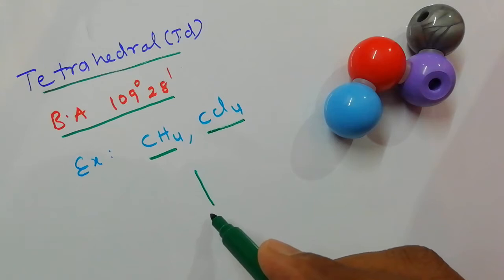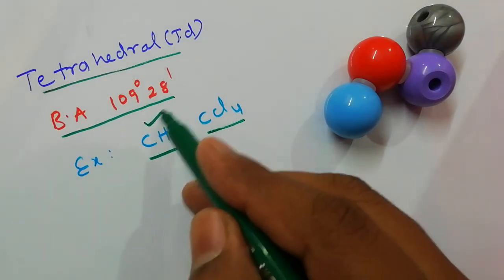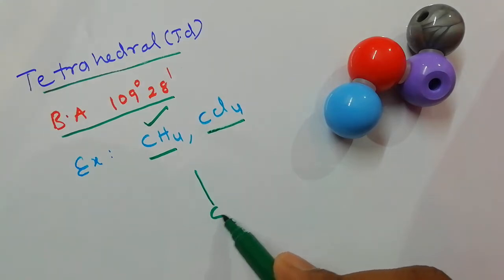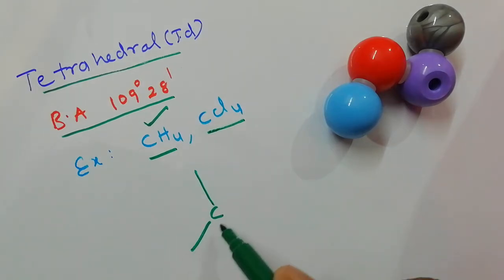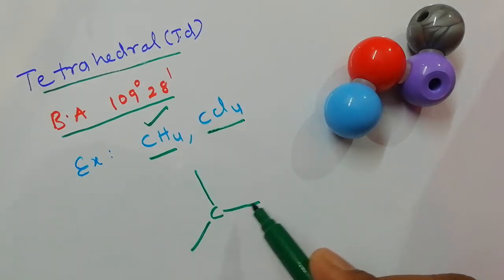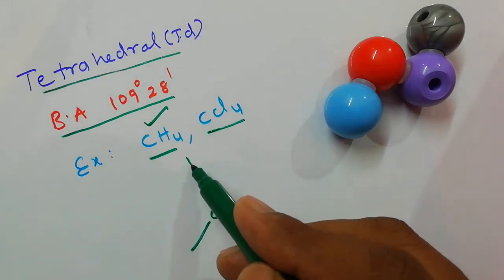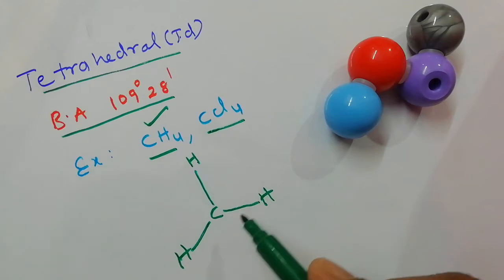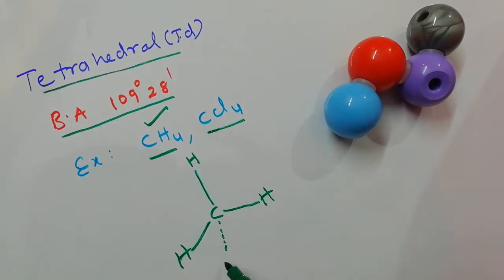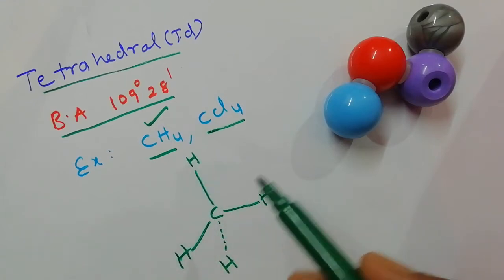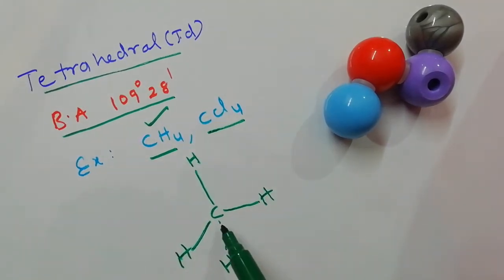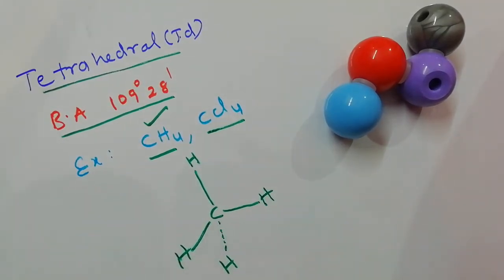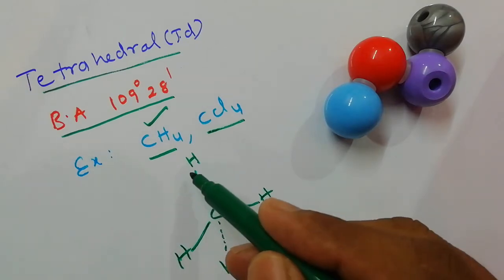If you take this example, CH4, carbon is the central atom, and there are four hydrogen atoms placed over here like this, and another hydrogen atom is at the backside. These three hydrogen atoms project towards us, and the other hydrogen is backward. So this is the tetrahedral structure.